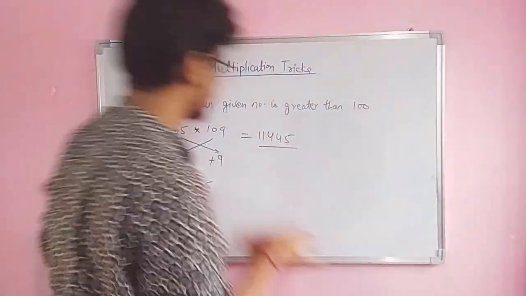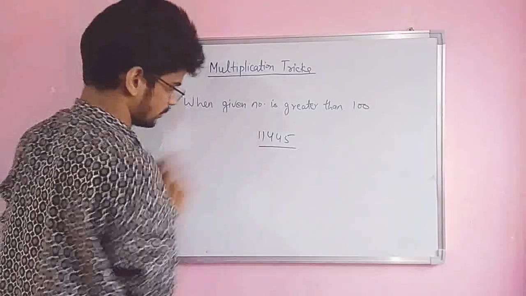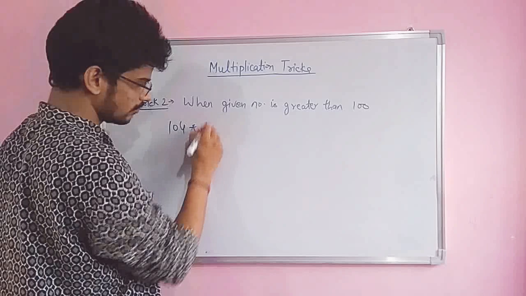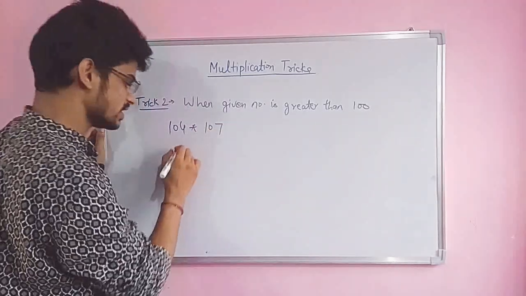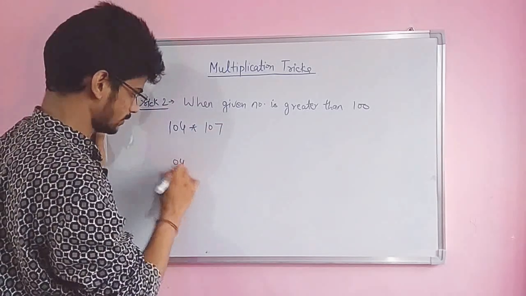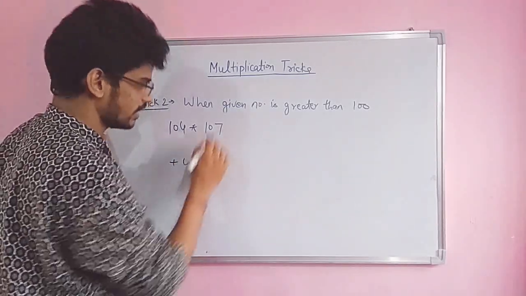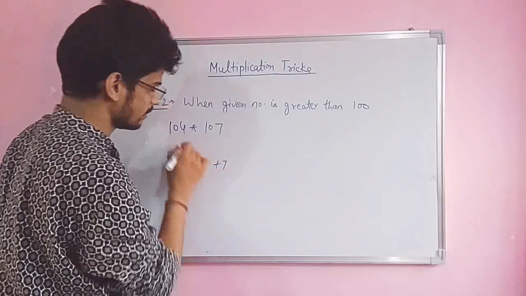Let's take another example. Here it's 104 multiplied by 107. How much is it greater than 100? By 4. And how much is the other greater than 100? That is 7.